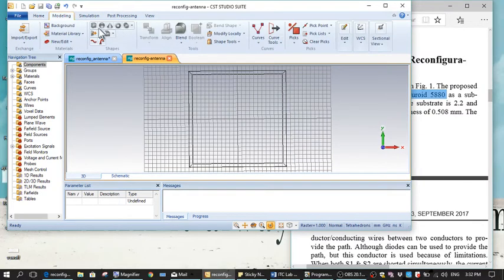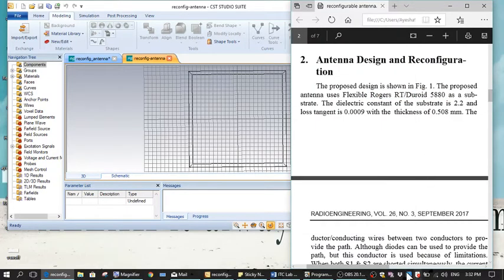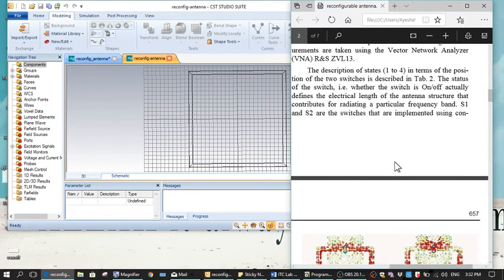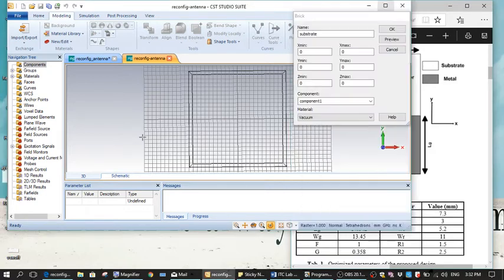We will build a brick and we will call it rectangle 1, or we will call it substrate, and the dimensions that it will take according to the paper are L cross W. L is 30 and W is 28.4.